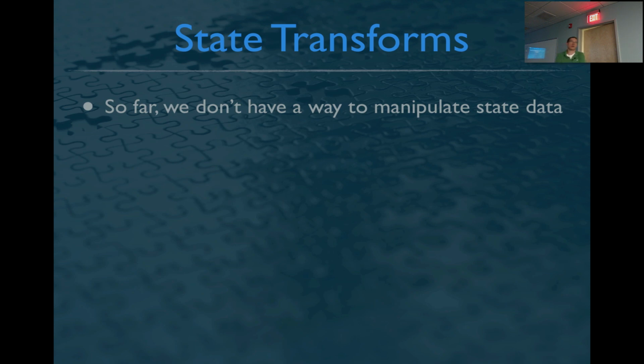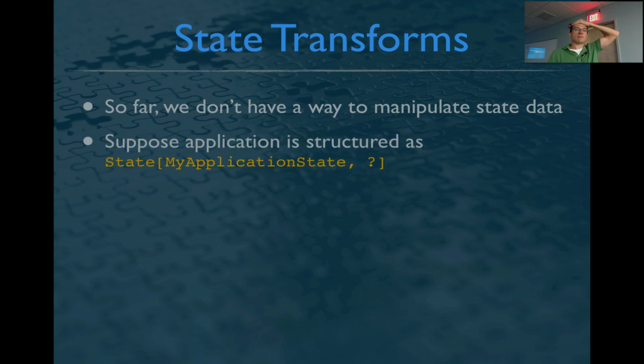So far, so good. We talked about mapping on A. On the state itself, we can just map a function. So given a state of S, A, we can go to state S, B if we have a function A to B, because it's a functor. If I get my whole application wired together into this big state function, I'm going to have to represent everything my application needs.